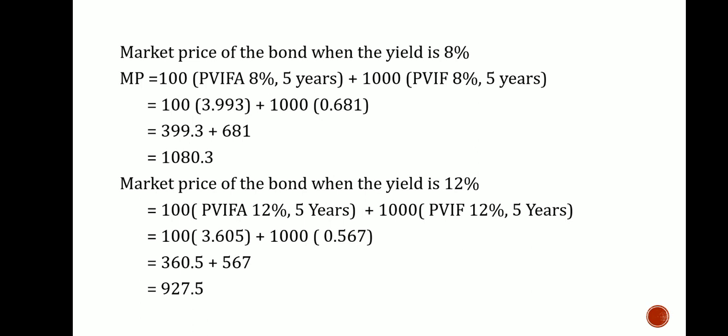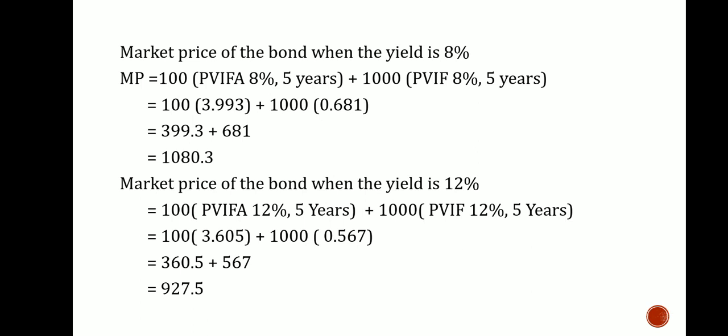See the present value interest factor annuity table, 8% for 5 years we have 3.993 and present value interest factor 1 rupee table 8% for 5 years we have 0.681. Simplify the equation by applying these values. We get 1080.3 market price.